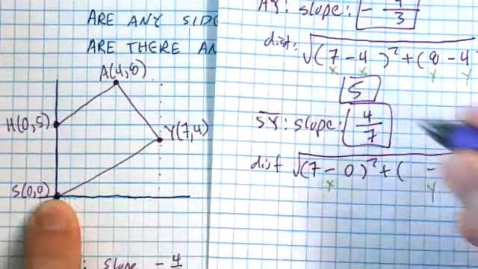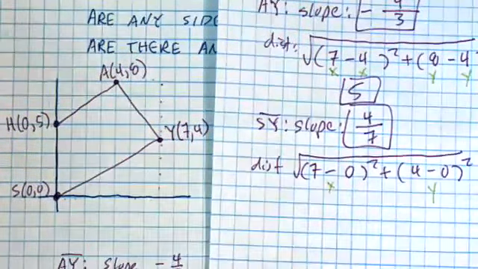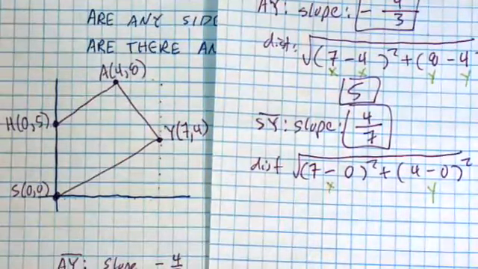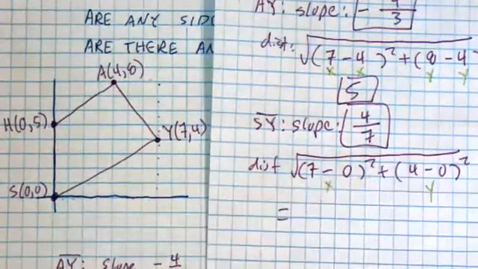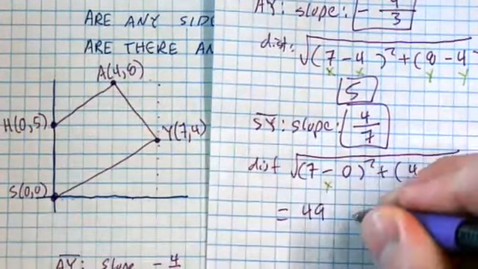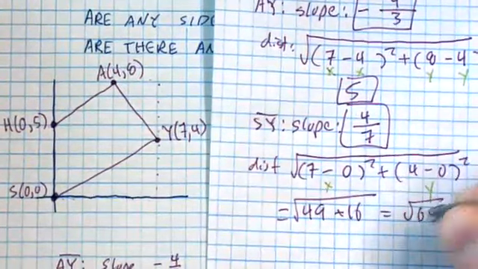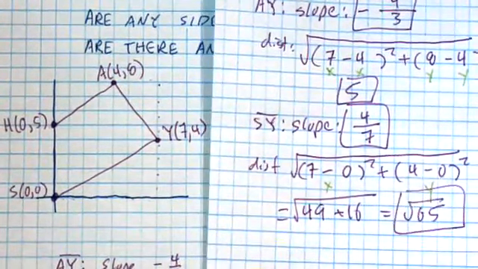My y coordinates were 4 and 0. So that ends up being 49 plus 16, that's 65. And that's going to be my distance. So I could type that into a calculator and get 8.1 as a rounded decimal.